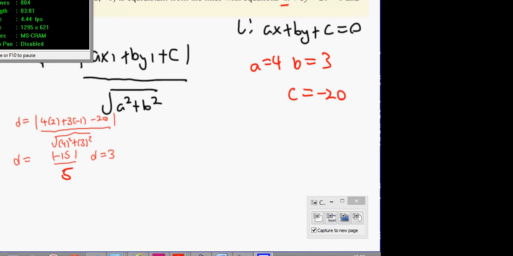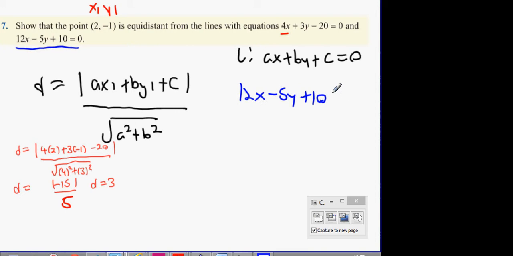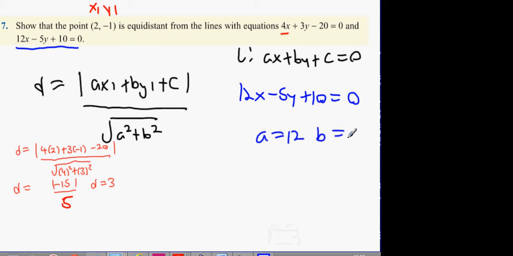Okay, guys. What's happening next is the blue line here. And the blue line is basically something like this, okay? The blue line is going to be 12x minus 5y plus 10 equals 0. Okay? So now A is 12, B is minus 5, C is 10.